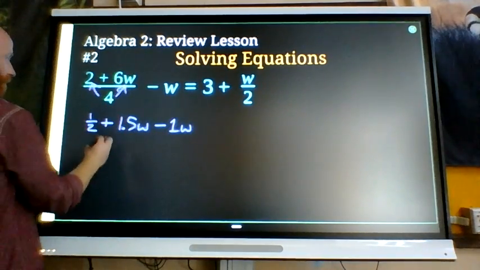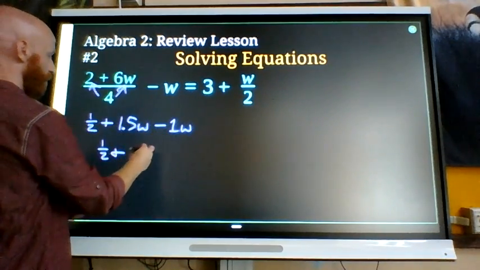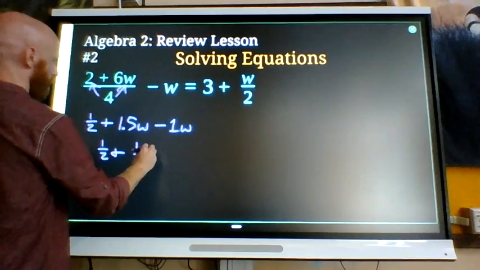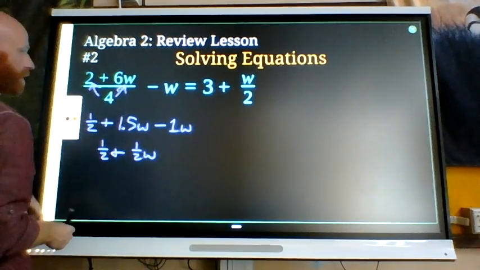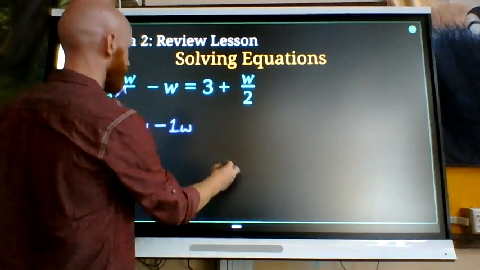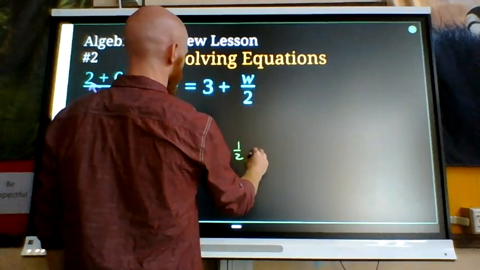Combine my like terms: 1/2 plus 1.5 minus 1 is 1/2 W. All of that equals, simplifying this, 3 plus 1/2 W.